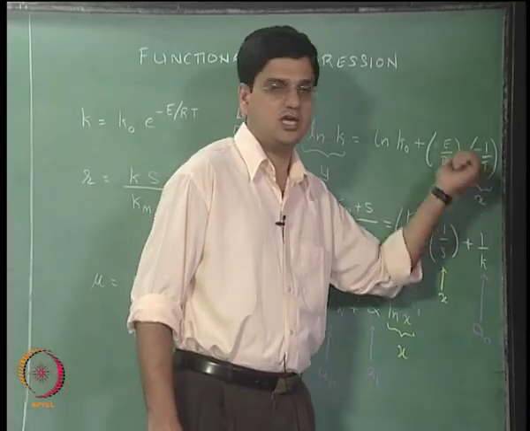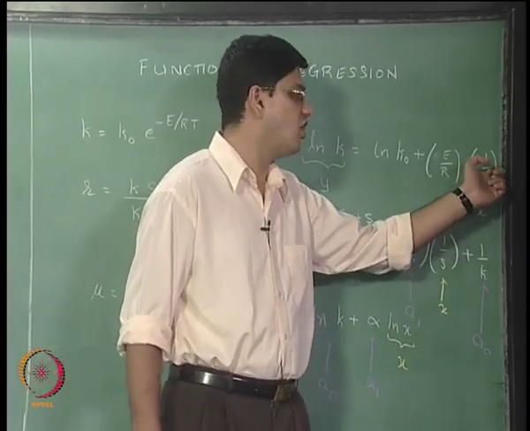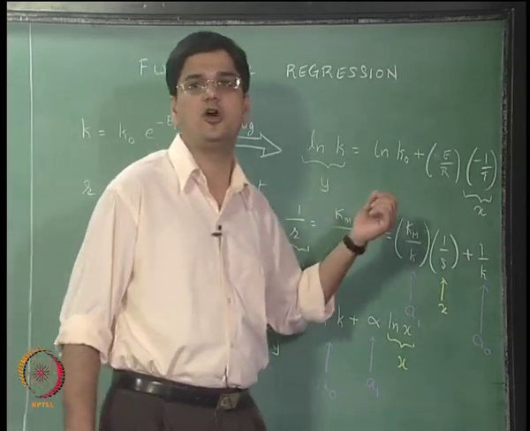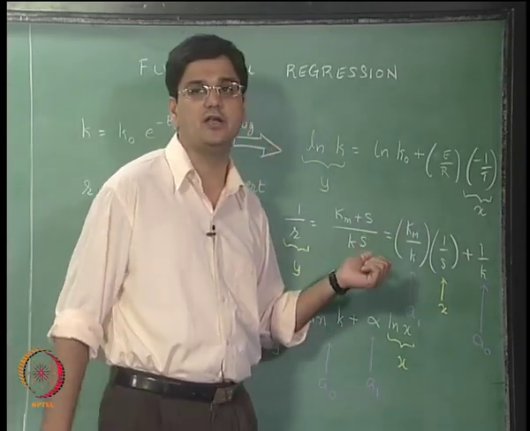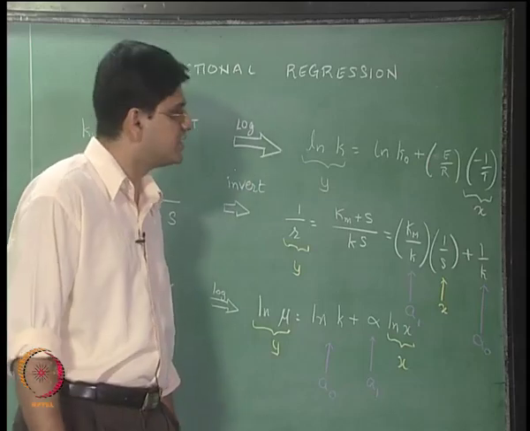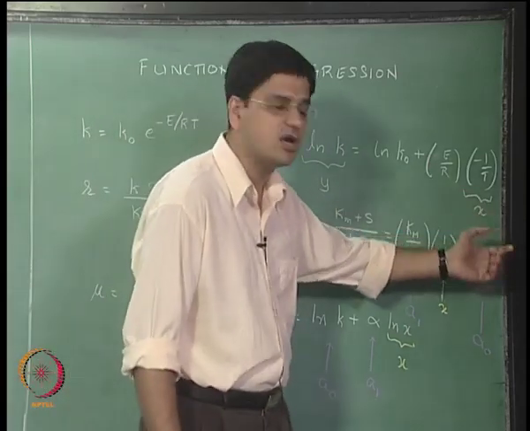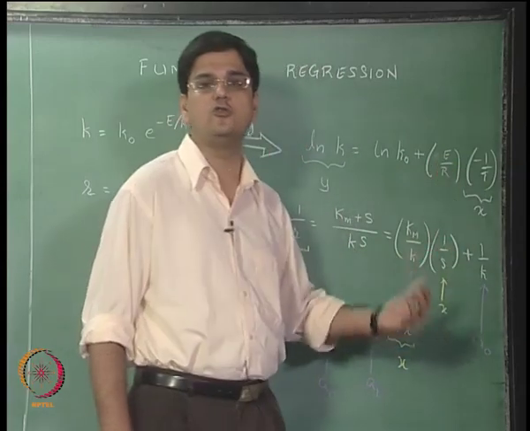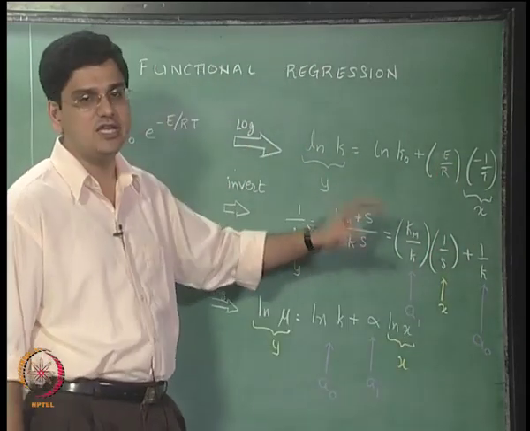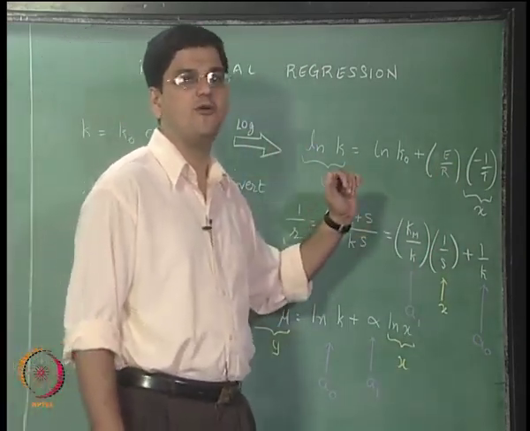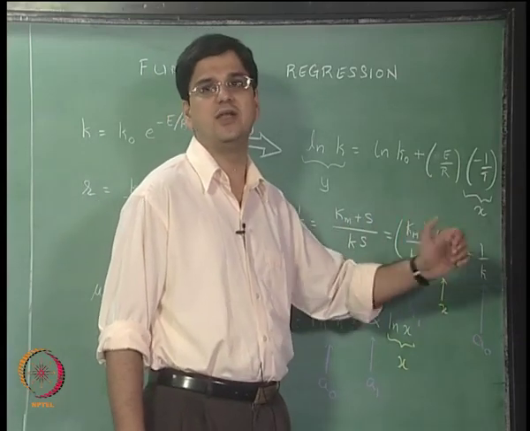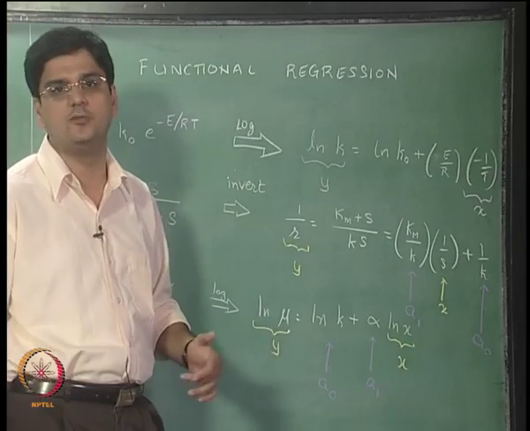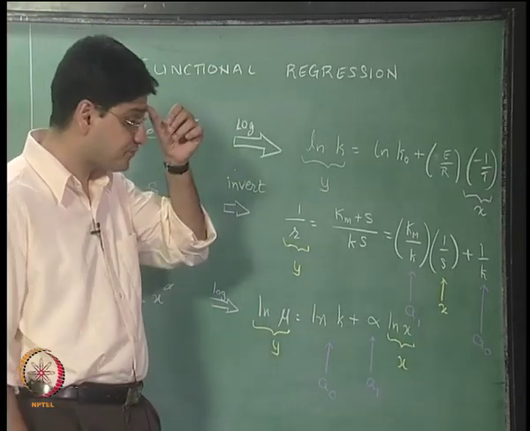X as such is a non-linear function of the independent variable, y itself could be a non-linear function of the dependent variable, but in either case, finally the functional form that we are going to use in order to do the fitting should be a linear functional form of the type y equal to a0 plus a1x plus a2u plus a3w and so on and so forth.